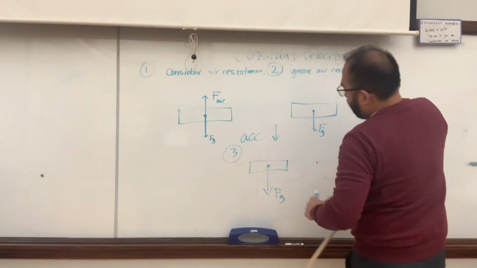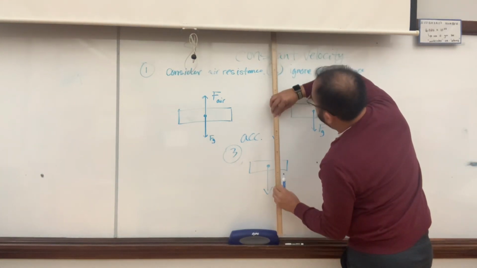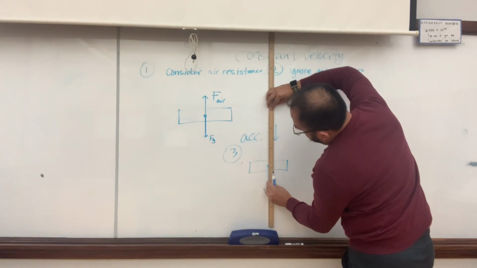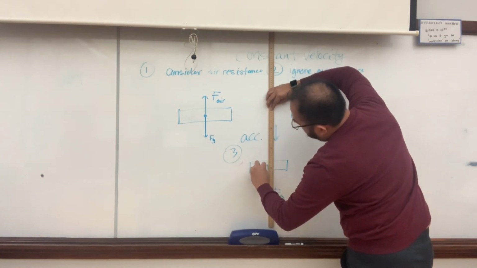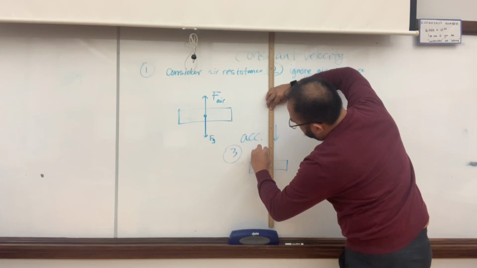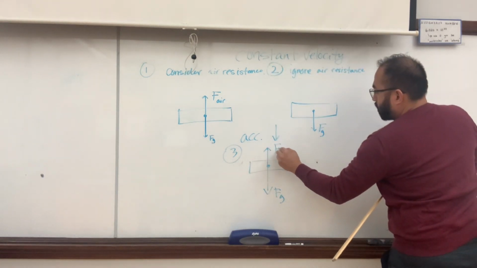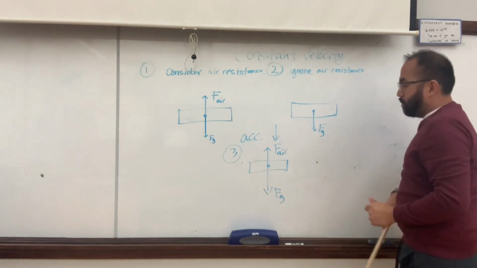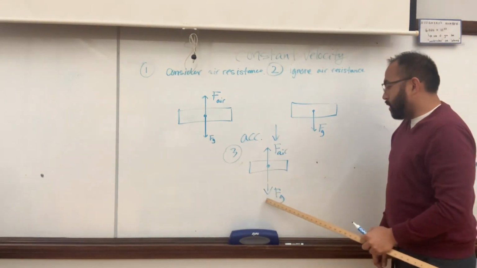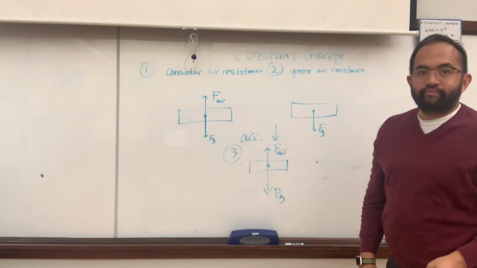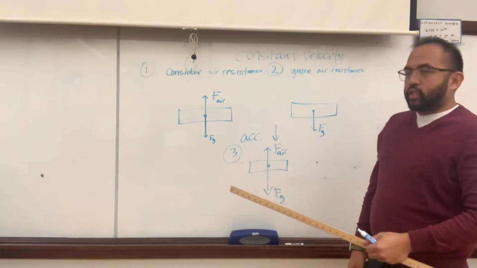So then pointing upward would be my air resistance. But if I'm going to say that it is actually accelerating downward, so then my vector for air resistance needs to be shorter than the vector for the force of gravity. All right? So this is what I'm expecting to see.